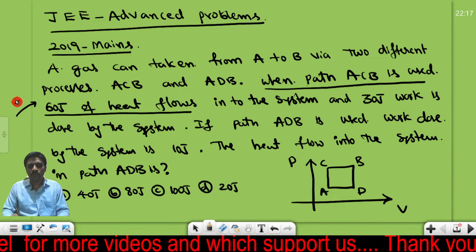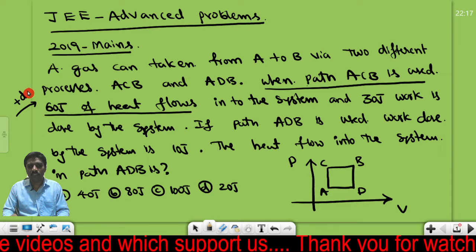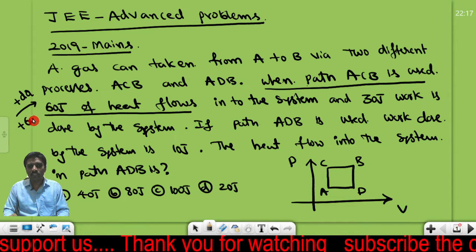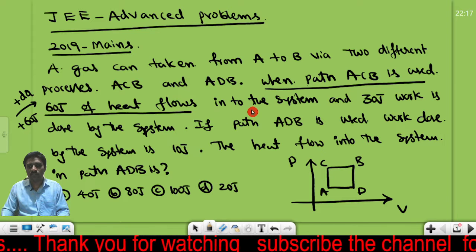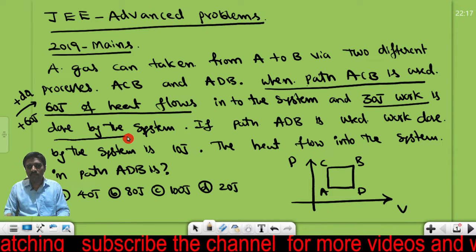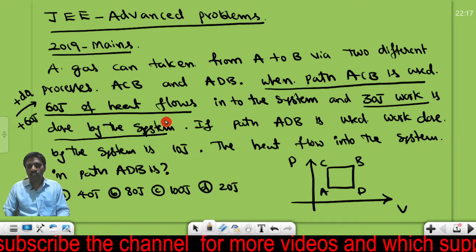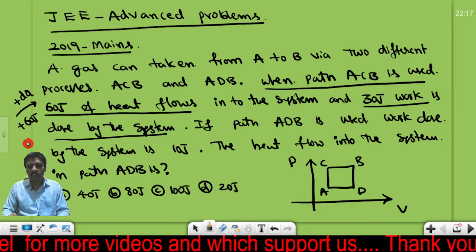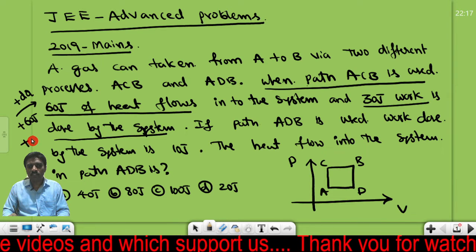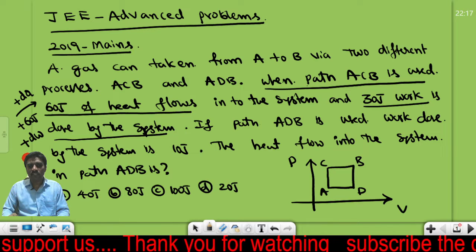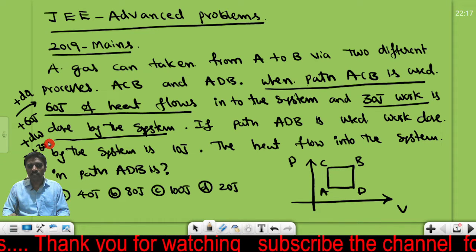When heat flows into the system, it must be positive, so dQ is plus 60 joule. And 30 joule of work is done by the system. If work is done by the system, as per the sign convention, dW is also positive, equal to plus 30 joule.